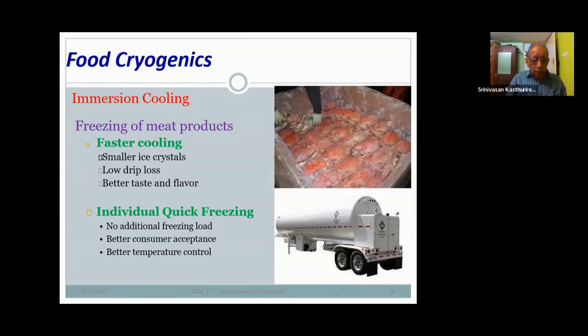It should have a low drip loss and it has a better taste and flavor. So this is essentially for bulk. Whenever you have bulk arrangements, then you follow these other things.